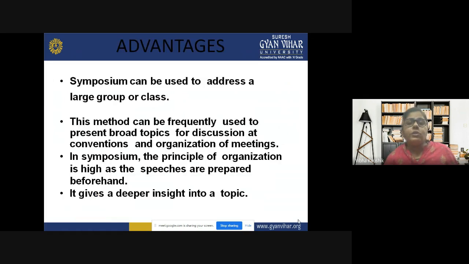Now, advantages of conducting a symposium. The first one is that a symposium can be used to address a large group or class. The teacher can use this teaching technique when addressing a larger group or a class where a number of students are studying at a particular time.